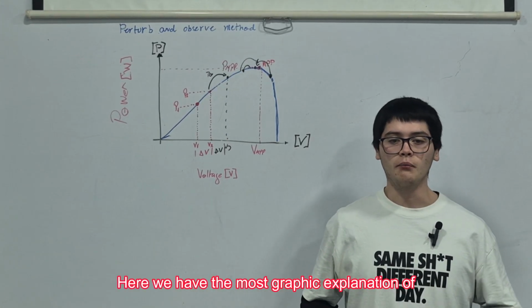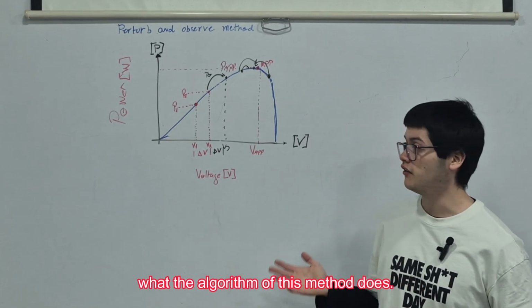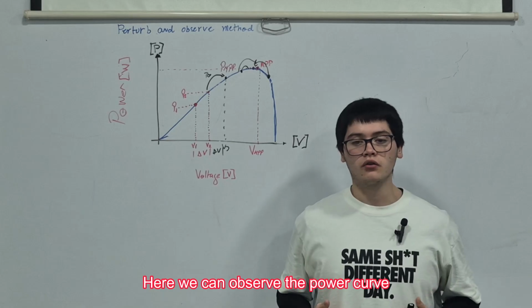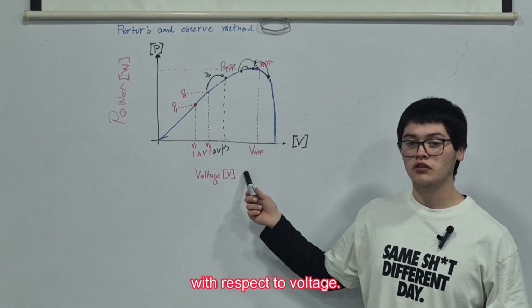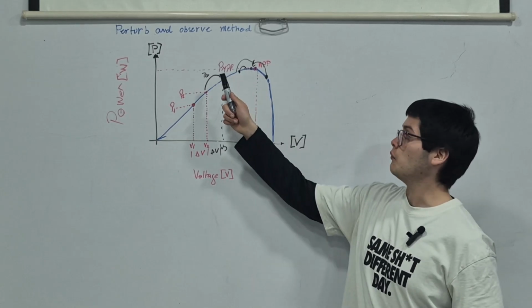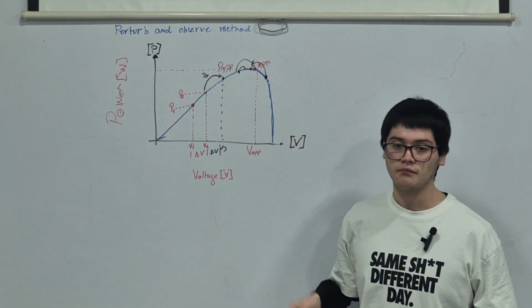Here we have the most graphic explanation of what the algorithm of this method does. Here we can observe the power curve with respect to voltage. Here we find the MPP, with a power of MPP and a voltage of MPP.